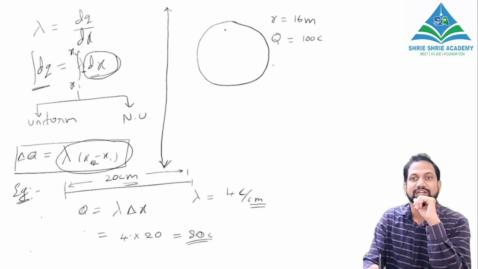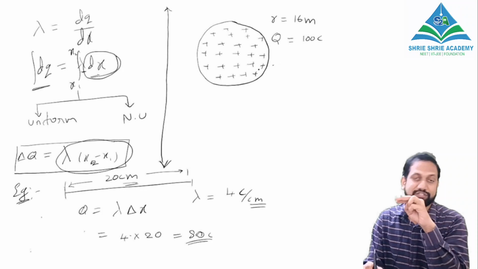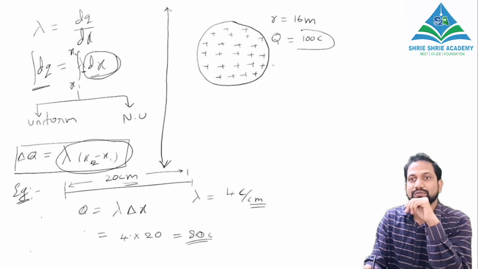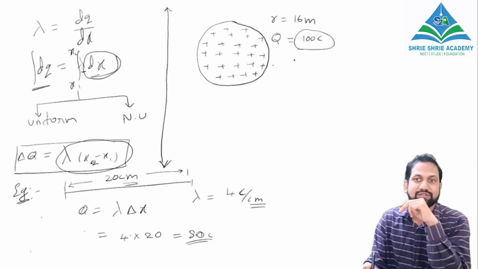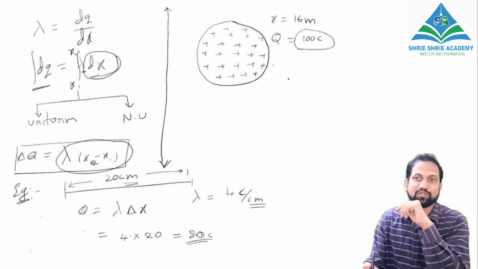It will be distributed uniformly over the surface of the disc. Here you should not forget that it has two faces, so the total 100 coulombs of charge is shared by the two faces of the disc. I mean, one side approximately 50, and the other side also 50 coulombs.